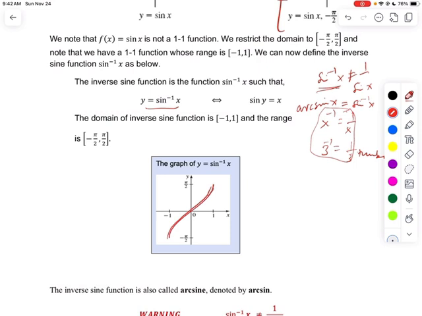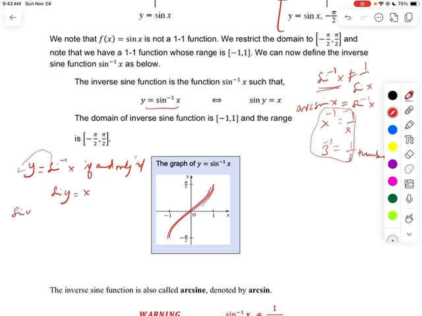You have to remember that sine inverse x is not 1 over sine x. If I have x to the -1, I can say 1 over x. If I have 3 to the -1, I can say 1 over 3. Why can I do it here? Well, these are numbers. This is not a number, this is a function. In numbers we can do that, but not with functions.